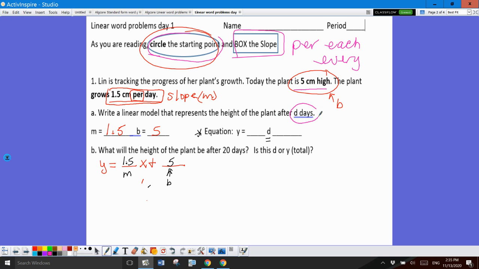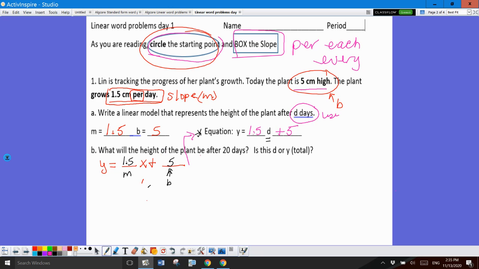So what they're telling me is instead of using X, they want me to use D. So where the X is, I'm going to put my D. I'm going to take this equation and transfer it into this other format. So my 1.5 is still going to come first because that is my slope, and then I have my plus 5. Okay, now let's keep going.